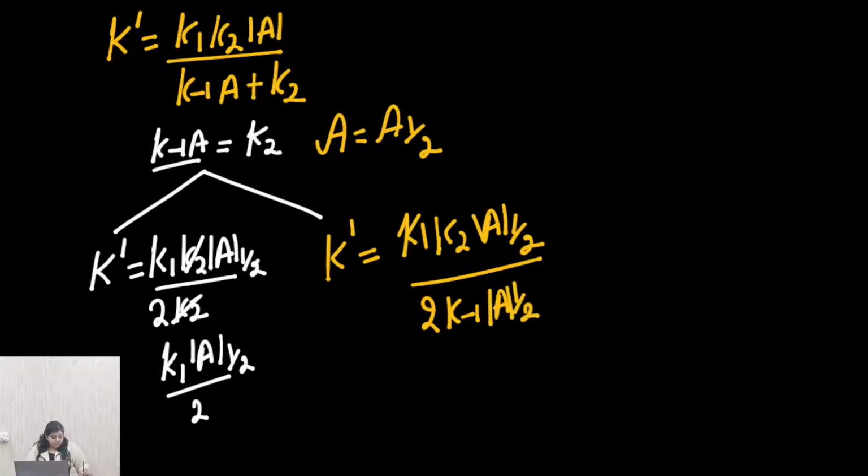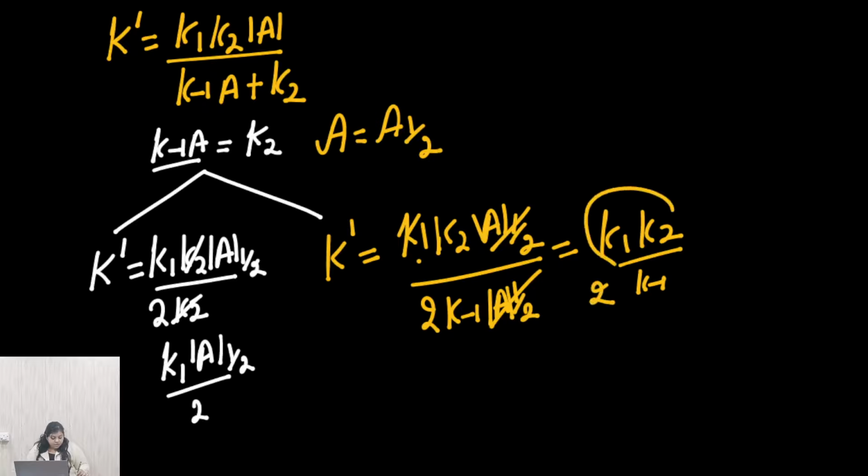This is the expression. So this A half and A half are being cancelled out. This becomes K1 K2 upon K inverse into 2. This K1 K2 upon K inverse is nothing but your K infinity. That means the observed rate constant is becoming K infinity by 2.